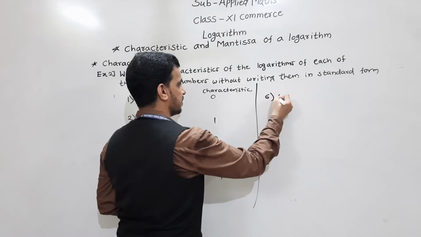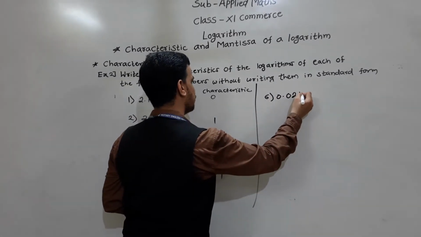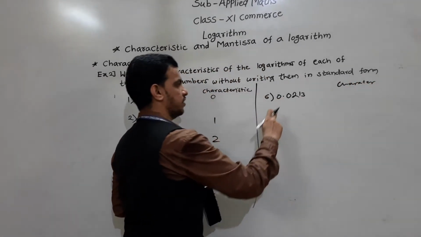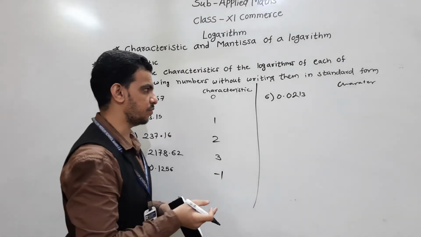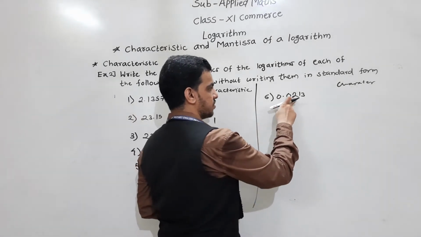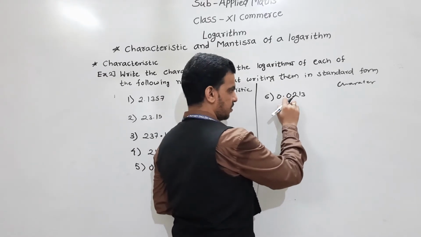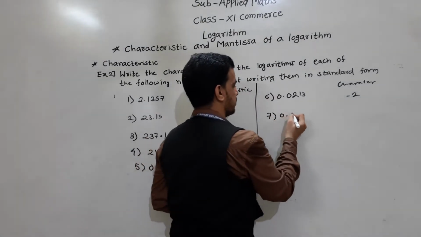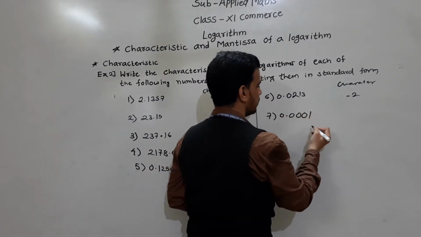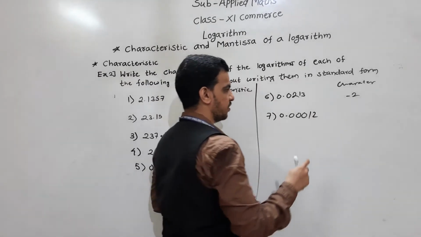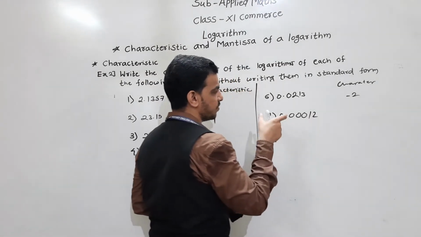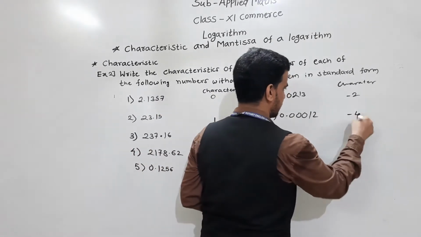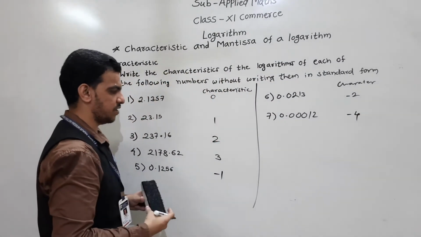Sixth example, if I am taking 0.0213, what is the characteristic? After the decimal point, how many zeros are there up till the first non-zero number? 1 zero is there. So 1 plus 1 is 2 and give a minus sign, so minus 2. Suppose it is 0.00012. After the decimal point and before the first non-zero number, how many zeros are there? 3 zeros are there. So 3 plus 1 is 4 and give a minus sign, so minus 4. So the characteristic is minus 4.